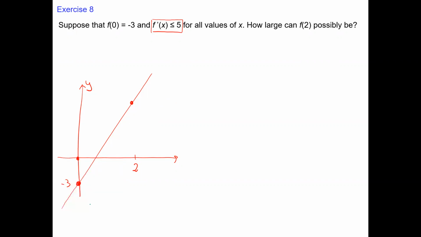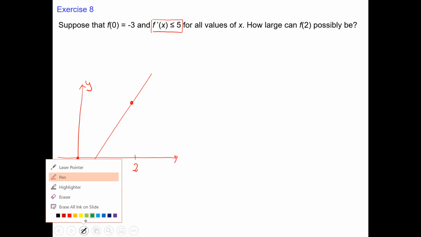We don't even have to do this explicitly. We can find out this value. We have lots of information. Let's figure it out.